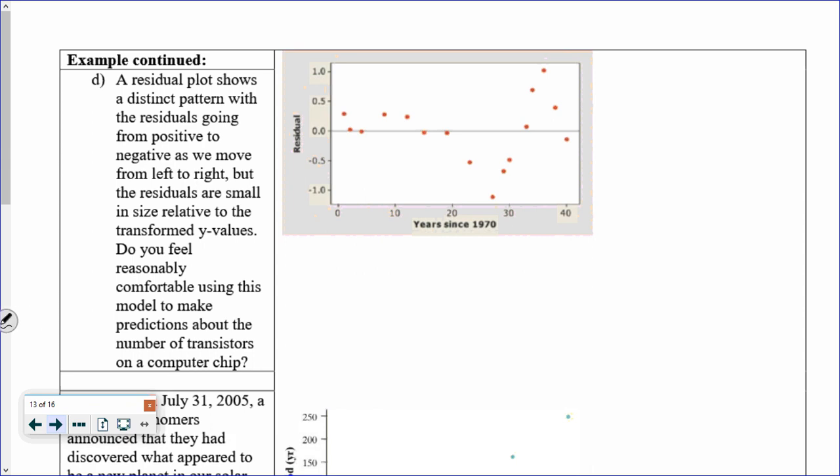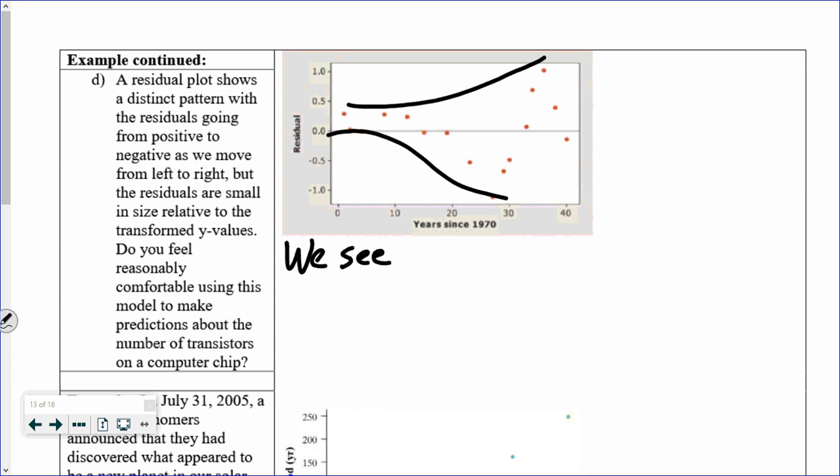Remember, we wanted to see equal variance in our predictions. But looking at this, it seems like the predictions are getting worse. So we see an increase in residuals as time goes on, or as time passes.